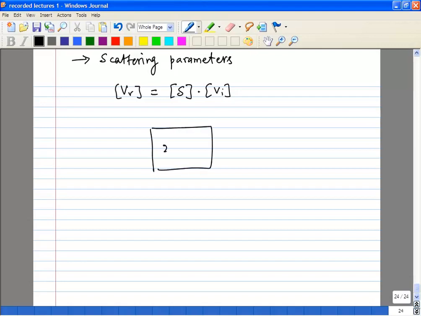So let's look at the two port again. Now, one important difference is the scattering parameters are defined with respect to a characteristic impedance of the system, which is Z0.